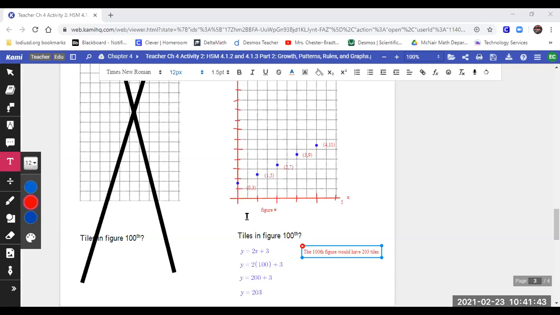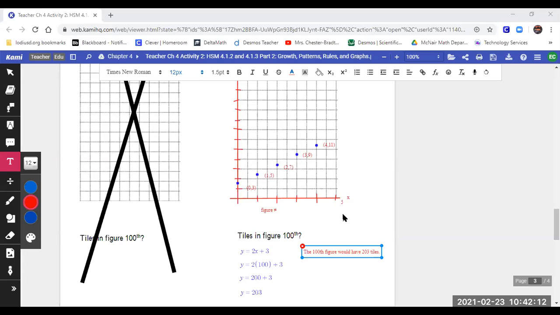Can I have 1.2 figures? Can I have 3.4 tiles? If the answer to that is no, then we should not be connecting. So why do we not connect? I just gave a hint. Why do we not connect?